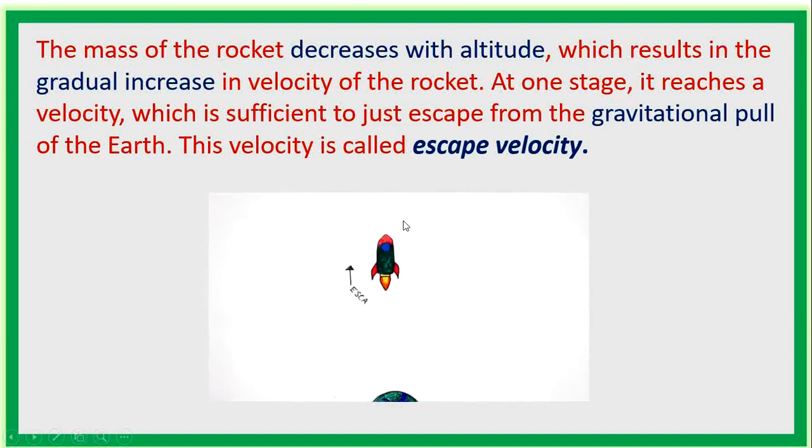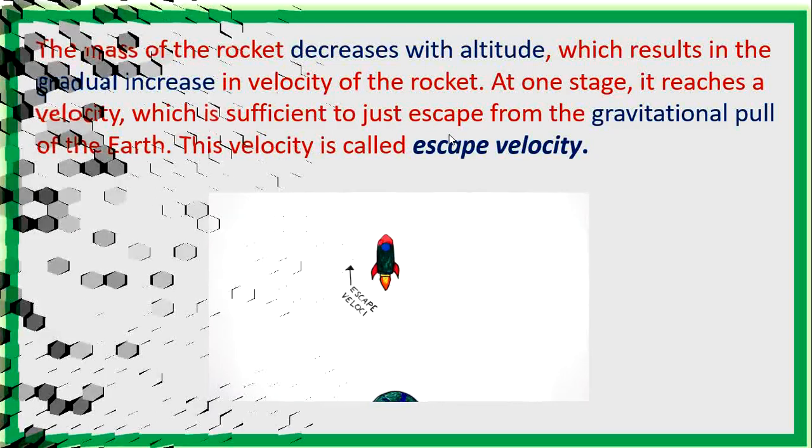This velocity is called escape velocity. So, what is called escape velocity? At one stage it reaches a velocity which is sufficient to just escape from the gravitational pull of the earth. This velocity is called escape velocity. Thank you, students.